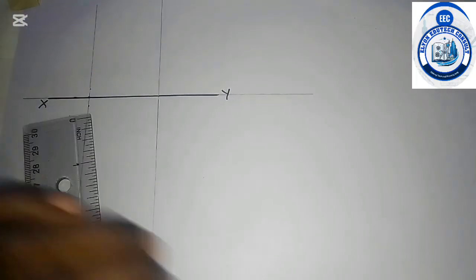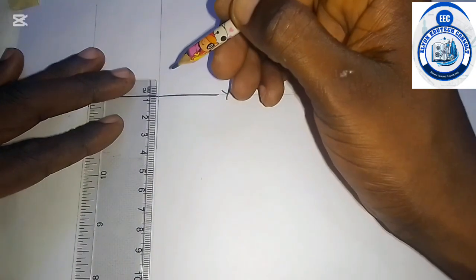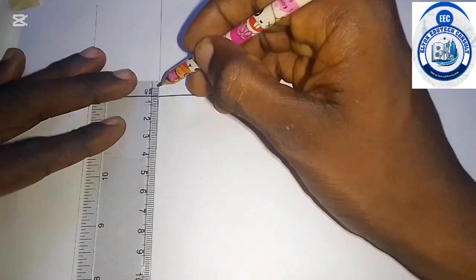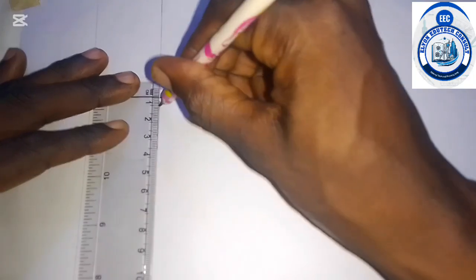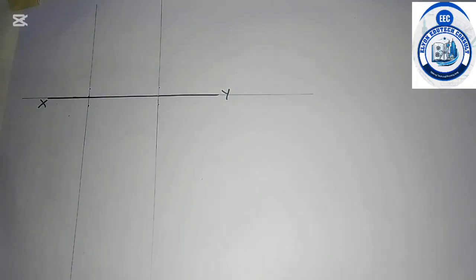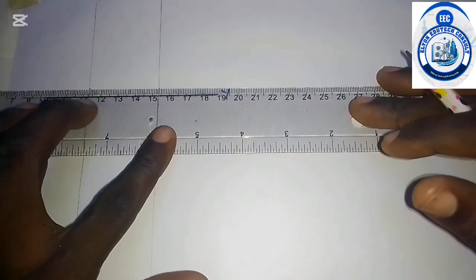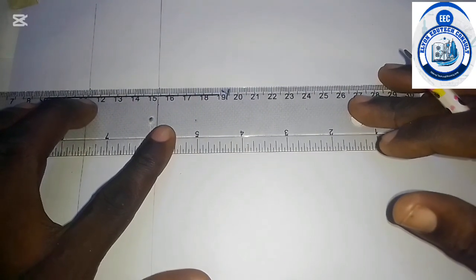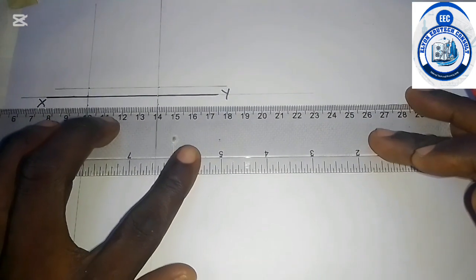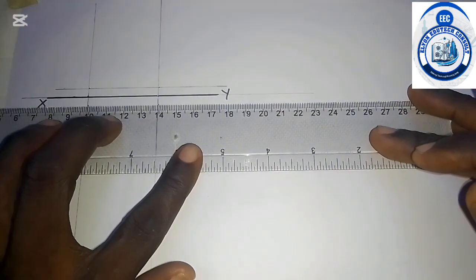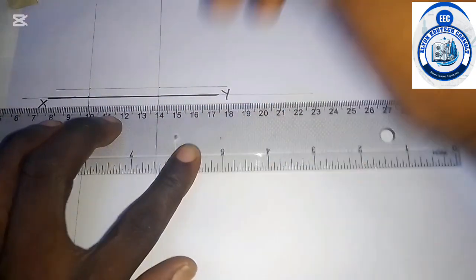All right, so just like I did here, I will take the 0.5 for both up and down that way. So I'm going to join the point that way, then join for the down too that way.